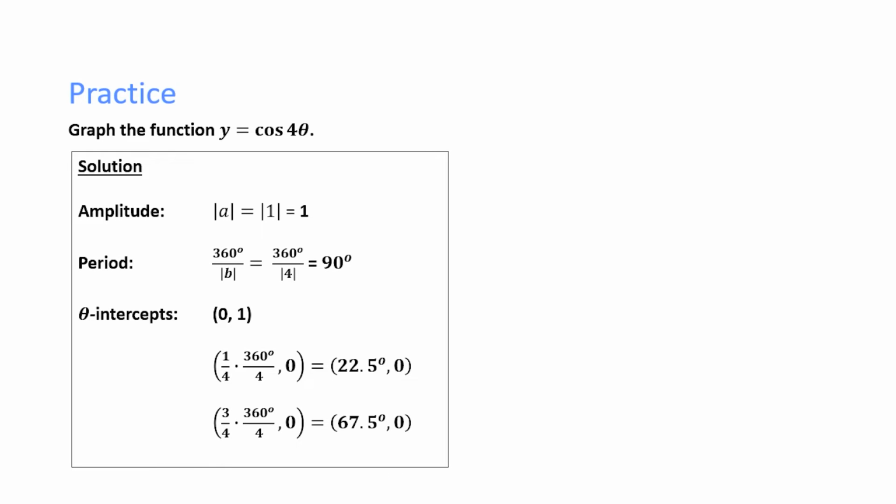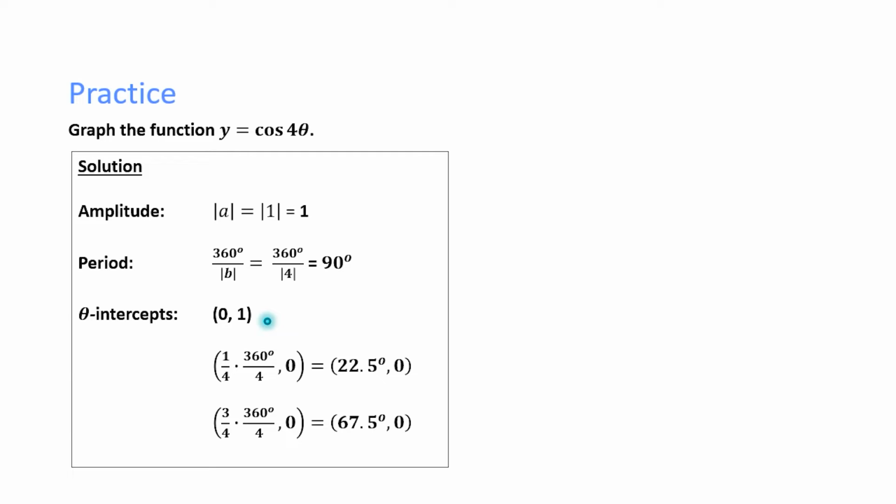Okay, so for the solution, this time the a, or value in front of the cos function, is 1, so the amplitude is 1. The period will be 360 degrees divided by the absolute value of 4, which is 90 degrees. The cos function starts at the point (0, 1).